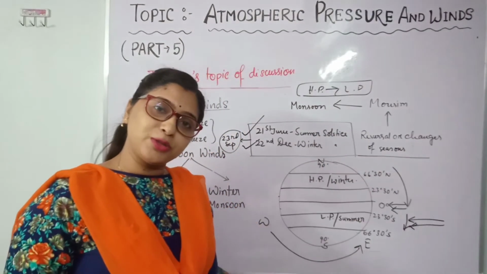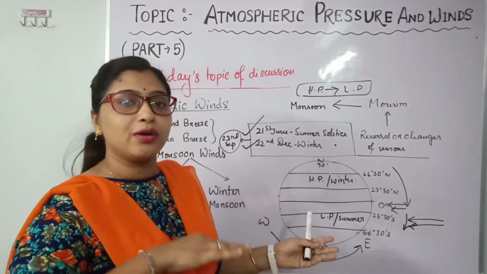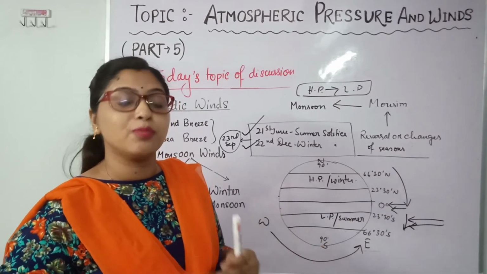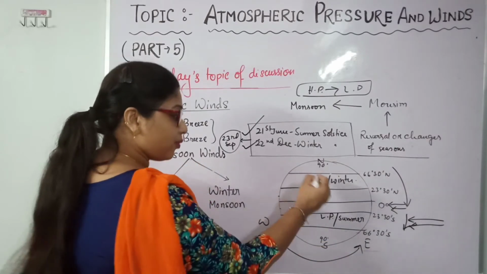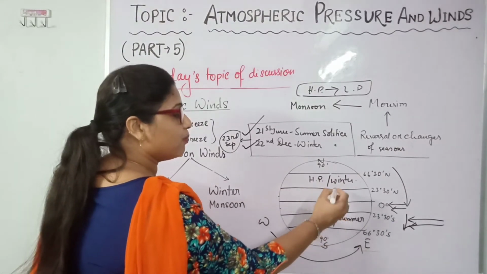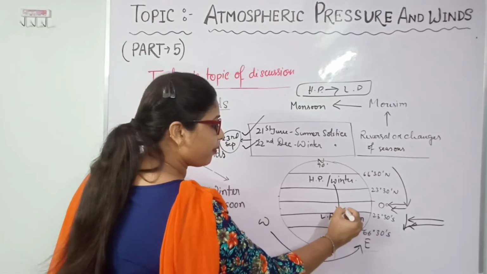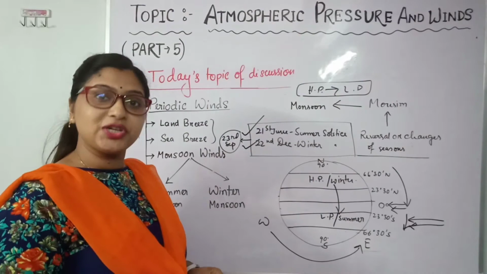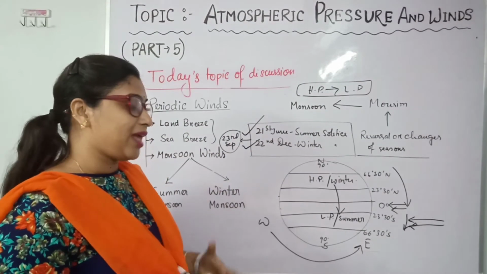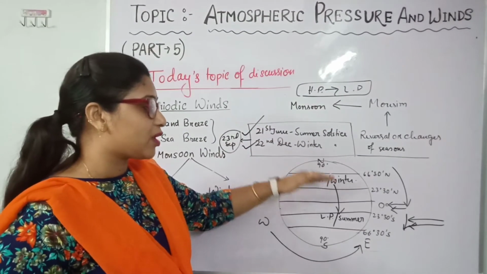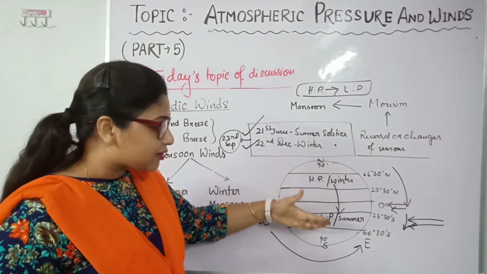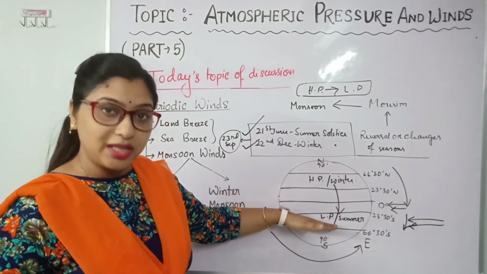So the law or the norms for the direction or movement of the wind will also be effective here. The high pressure winds will move towards the low pressure area. The high pressure from the northern hemisphere is attracted by the low pressure of the southern hemisphere.